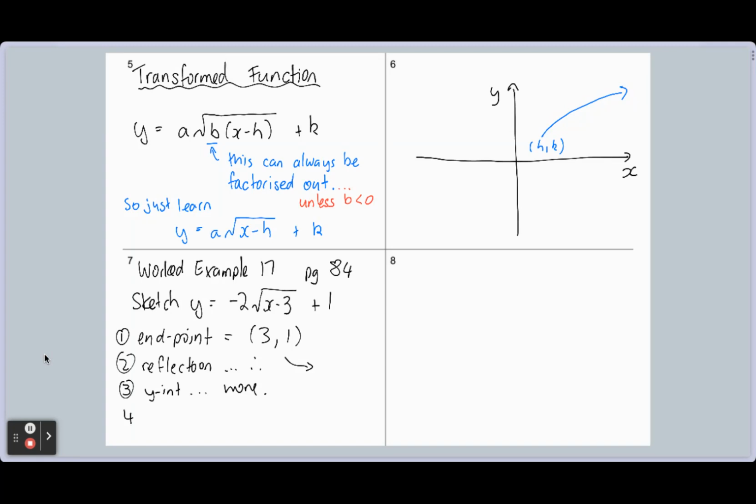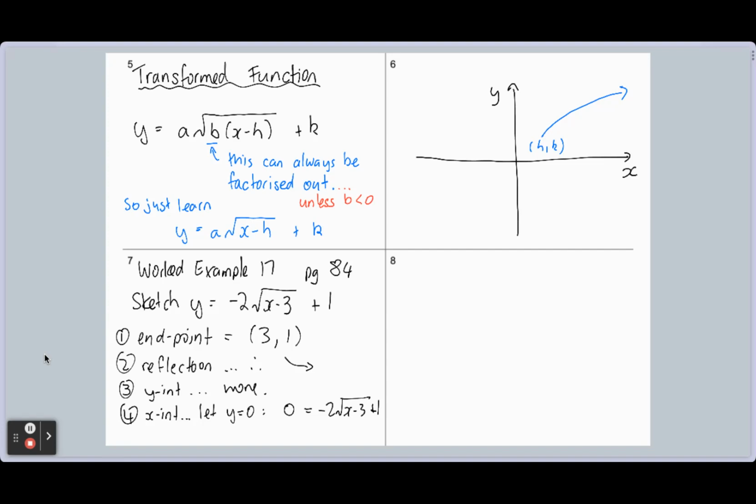Number 4, the x-intercept is where we need to put a bit of work into it. The x-intercept is solved just like we do every single other function. We let y equal 0 and solve. So that makes 0 equal to negative 2 root x minus 3 plus 1, like so.